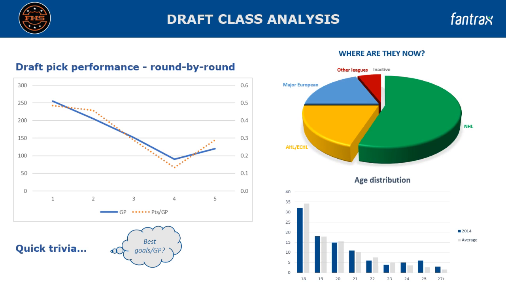So in the pie chart of where are they now, you see that, pretty standard, around 55% of the players are in the NHL. Like 20% are still in the minors, and the other quarter have gone to Europe in the major European leagues like the KHL, SHL, and the Swiss and the Finnish Liga, and the other leagues.